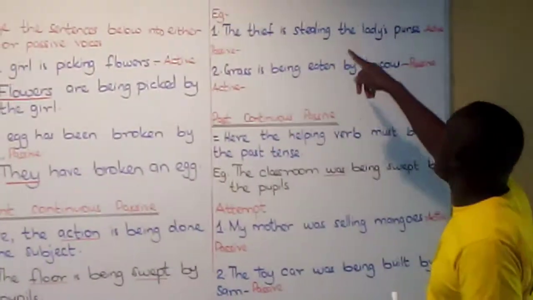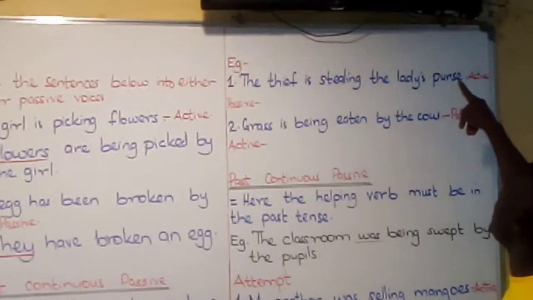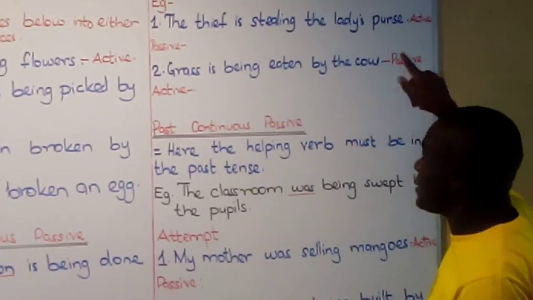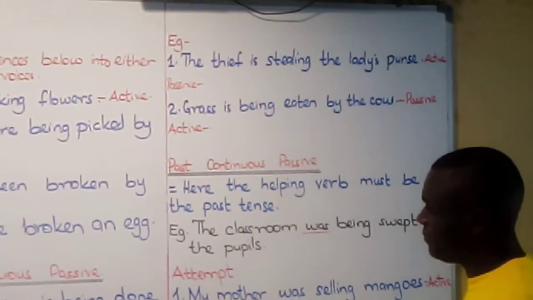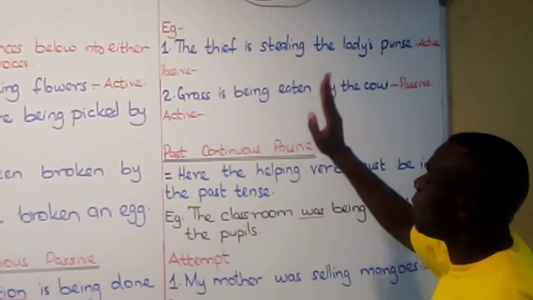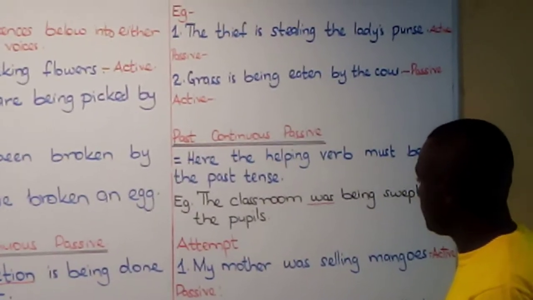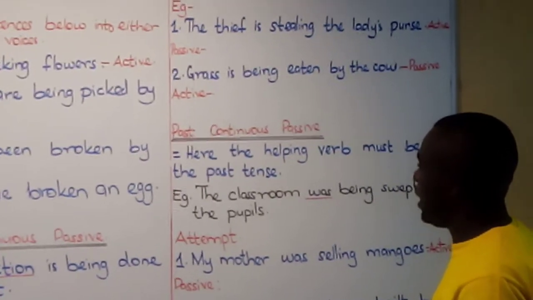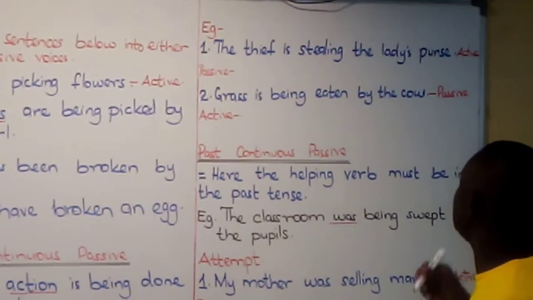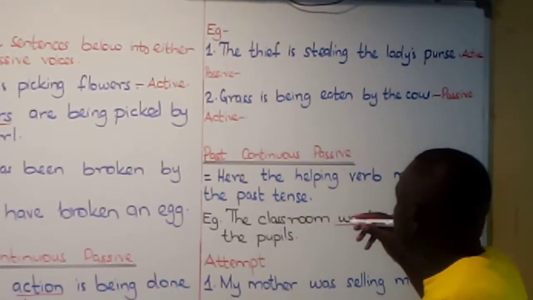Let's try the sentences here, boys and girls. The thief is stealing the lady's purse. That sentence is active. We change it into passive, continuous passive voice. Right? And so the lady's purse begins the sentence.